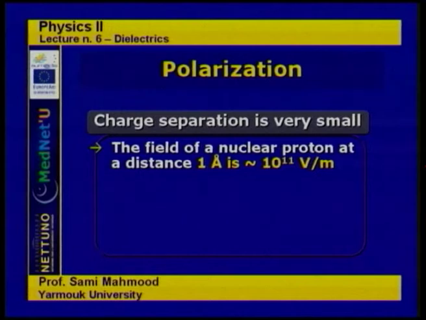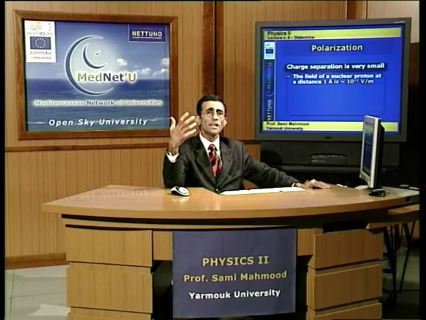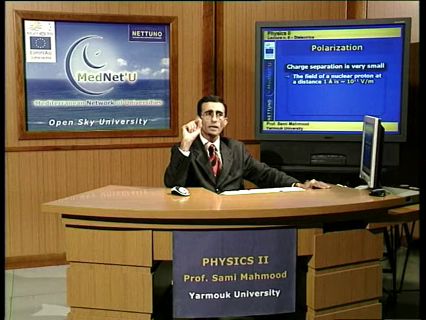So we consider the electric field of a proton at a distance of 1 angstrom from that proton. The electric field is of the order of 10 to the 11 volts per meter. That is the electric field introduced by a single proton charge e at a distance of 1 angstrom from that proton.